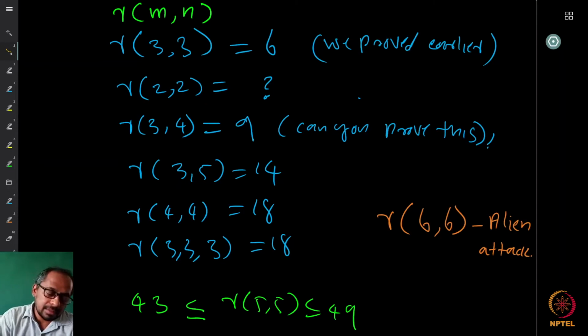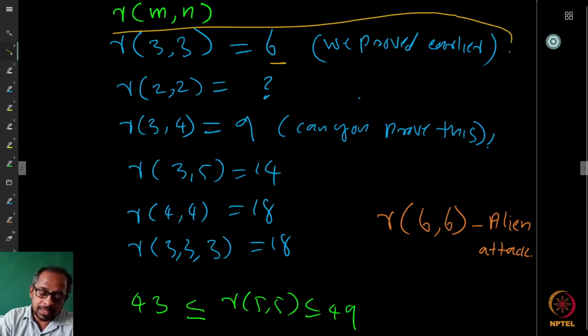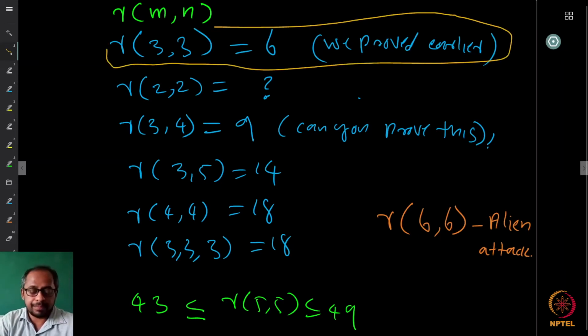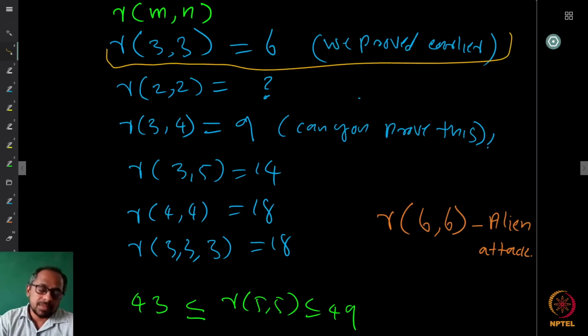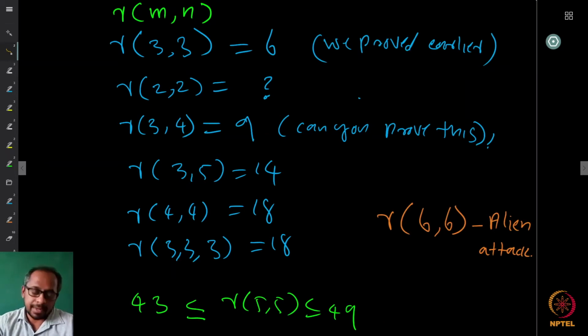So this is R(m,n). Now what we proved earlier, using the pigeonhole principle, was that R of 3, 3 is equal to 6. If you have 6 or more vertices in the graph, then you can always find a triangle of the same color.